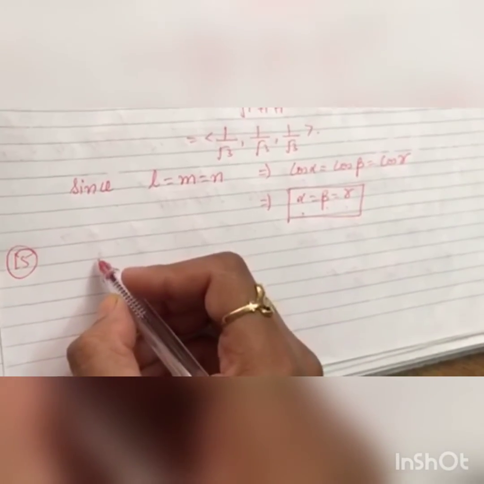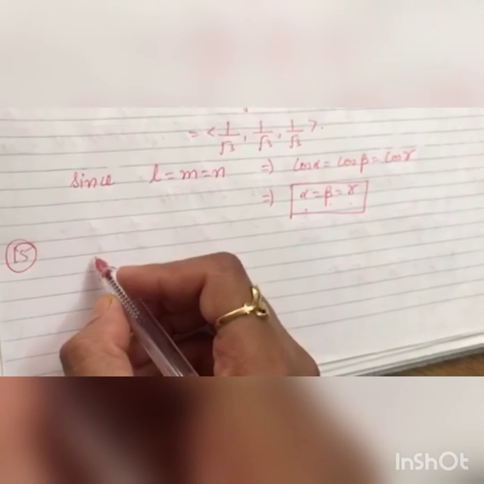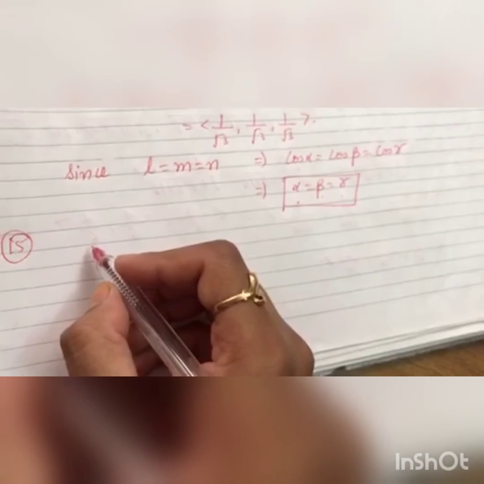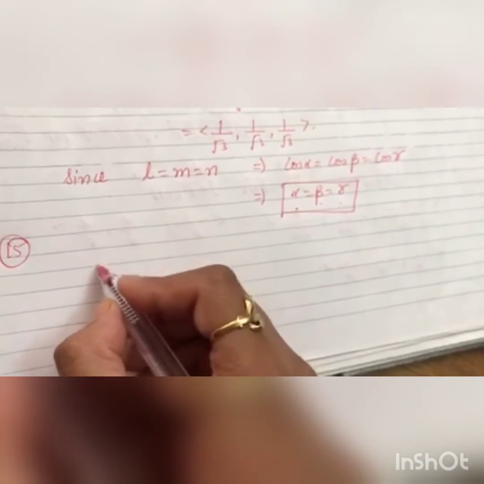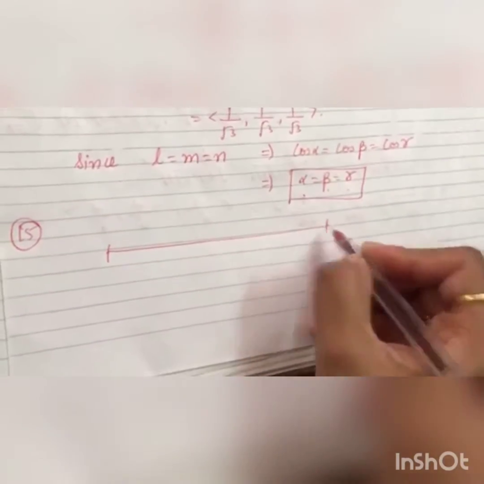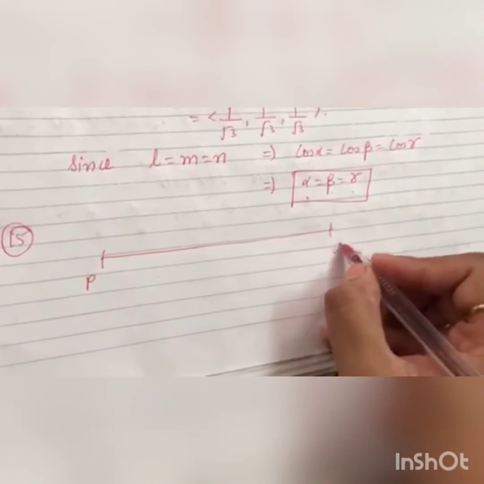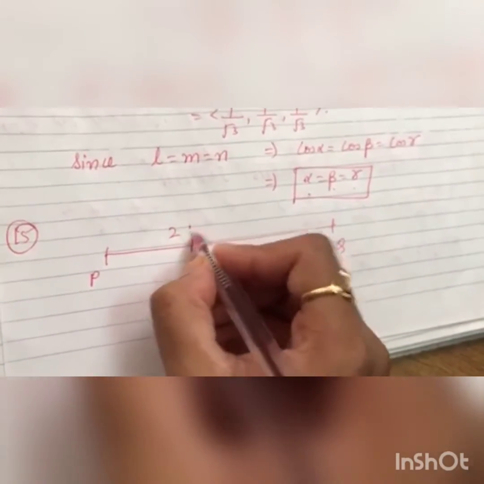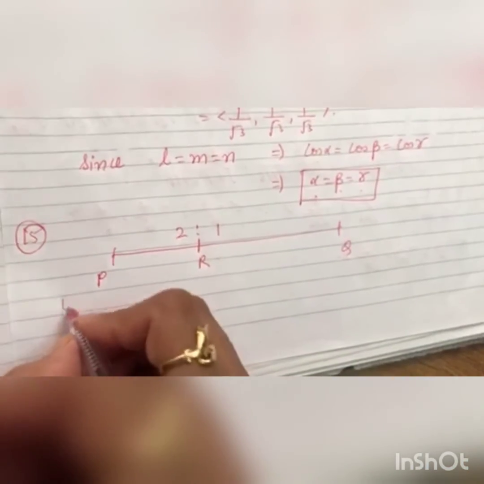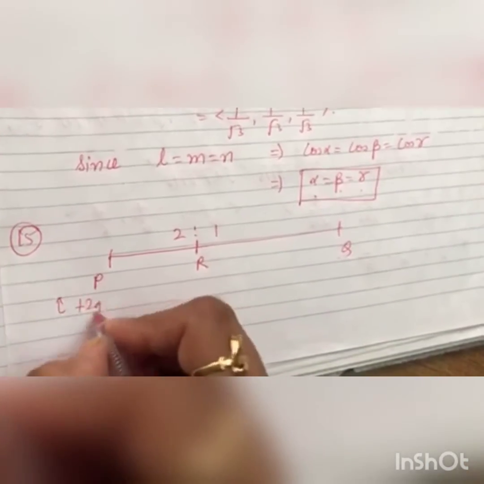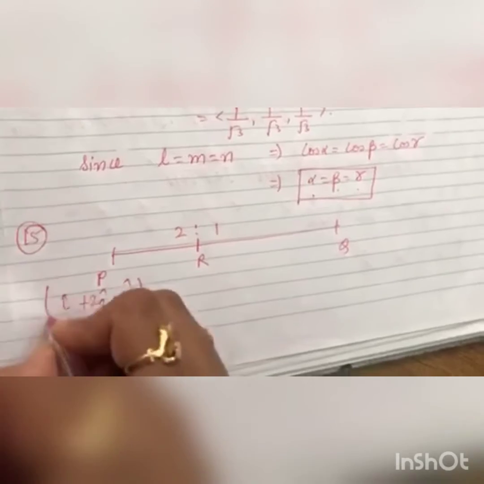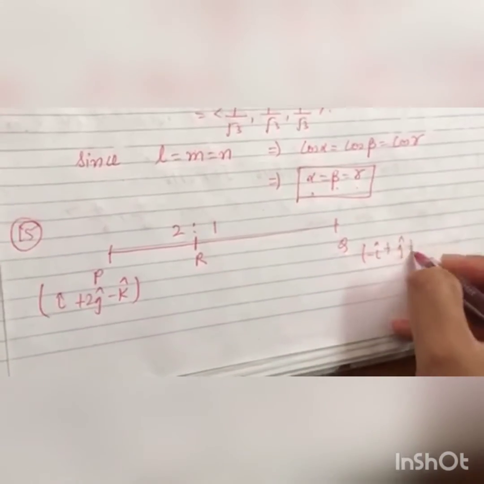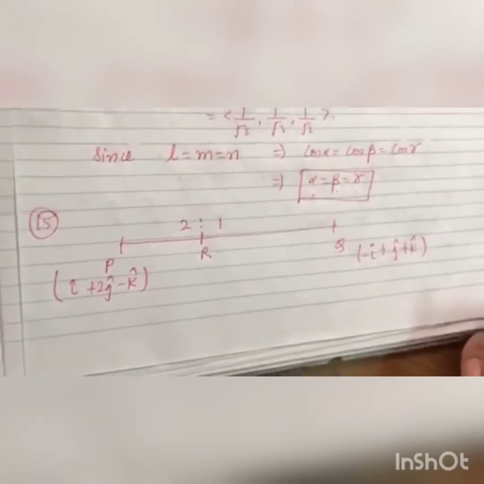So next is question number 15. This is based on the section formula that you have done in class 10th. Find the position vector of a point R which divides the line segment joining two points. So this is a line segment joining points P, Q divided by R in the ratio 2:1, and P is i cap plus 2j cap minus k cap, and Q is minus i cap plus j cap plus k cap.